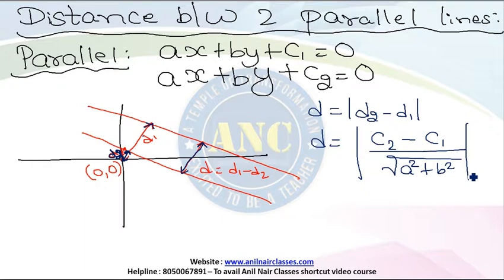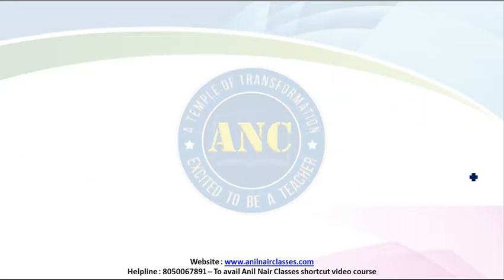Because there are two lines here with a difference of sign, I have put it as c2 minus c1 divided by root of a square plus b square. Do not worry whether c2 should come first or c1 should come first. It depends on which distance is greater. So it is anyway a modulus sign.